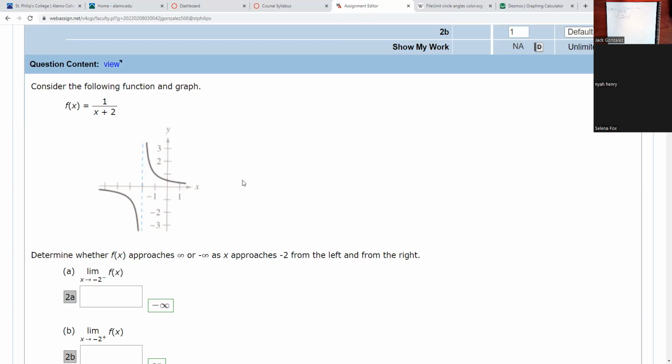Does the idea make sense to everyone? It's not too bad. I think at the beginning we said does not exist, right? The beginning of chapter 2. So now you're just going to put infinity. On the exam, there's not much to say. You can explain it in words if you want, like as we approach 2 from the left, this is happening, or from the right, this is happening. That's all you have to say.